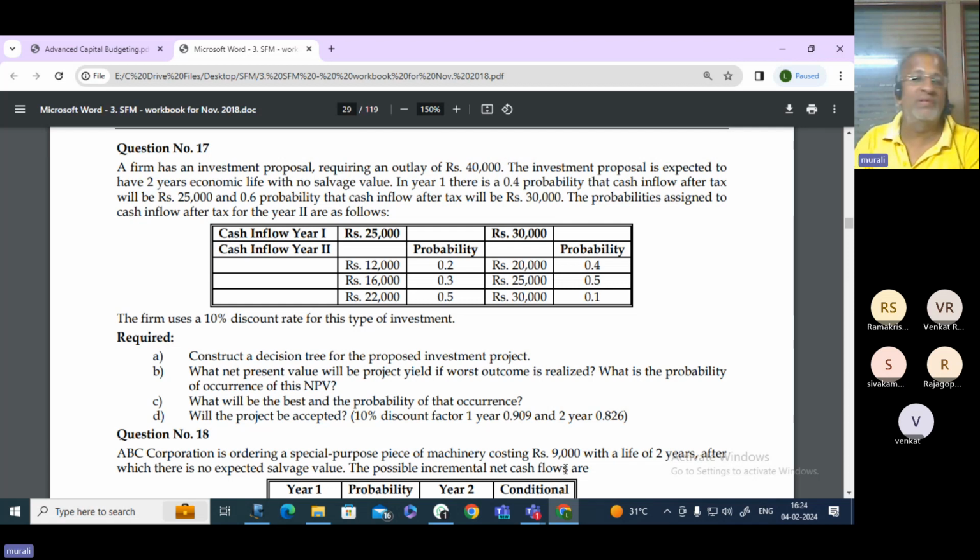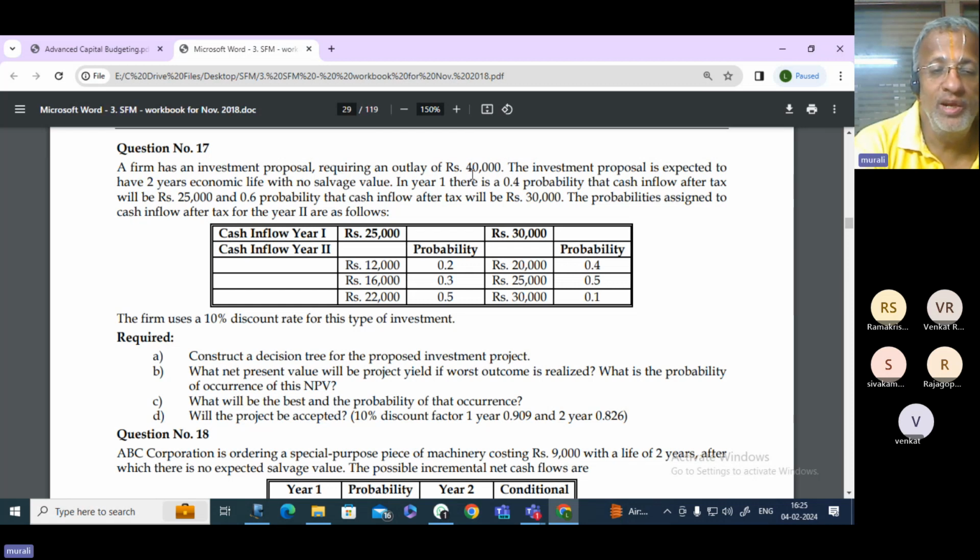If I were the paper setter, I would have withdrawn this A and conveyed: what net present value will the project yield if the worst outcome is realized, what is the probability of that occurrence, what will be the best and the probability of that occurrence, and will the project be accepted. So the A question I would have withdrawn. Here it is a problem where they have indicated that it is a conditional probability. How do you know it is a conditional probability?